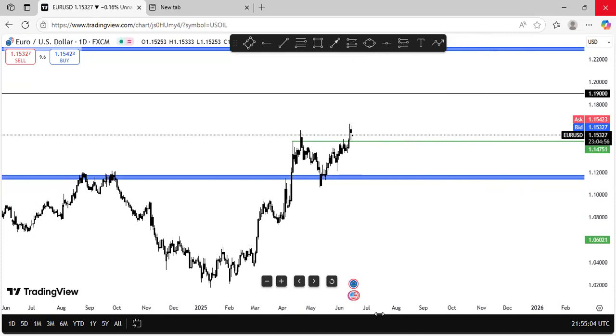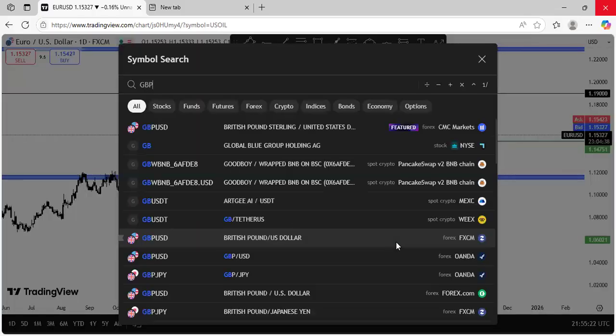You should look for longs on the Euro USD, not shorts, because right now the Euro USD is ascending, heading over to 1.1900 flat. That being said on the Euro USD, let's go back to GBPUSD.